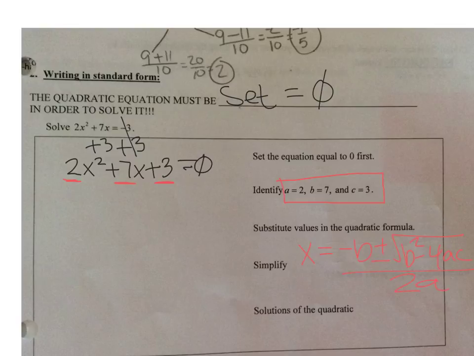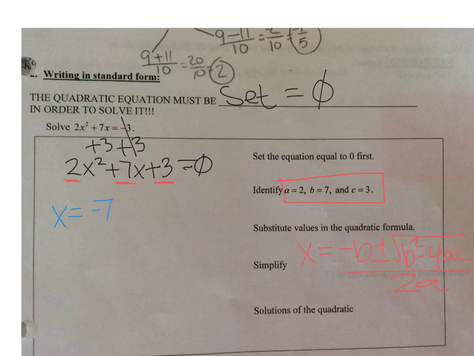So, x equals negative b. What's that going to be?